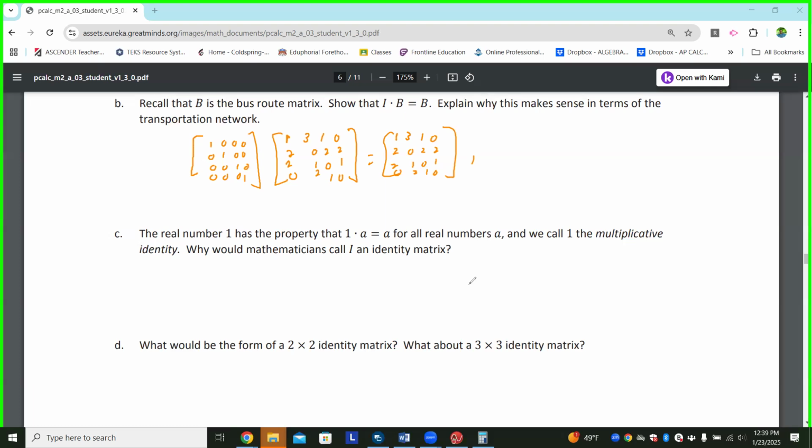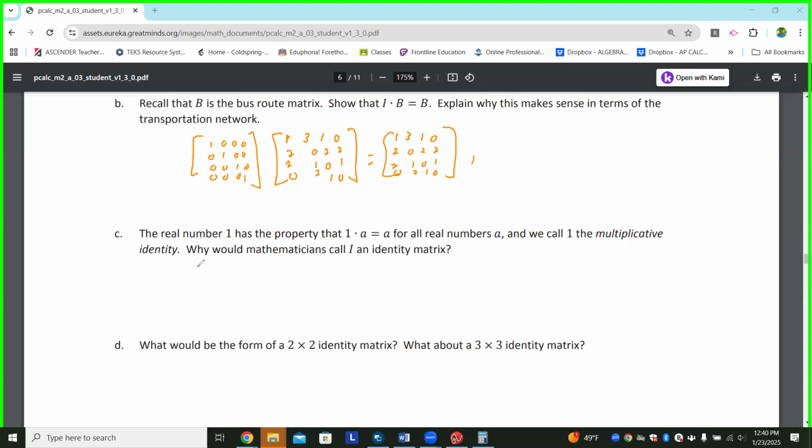But why would we call it an identity matrix and not just 1? Doesn't the scalar 1 do the same thing for us? If I was to take a number and multiply every single element by 1, does it not pop back out as its original number? It will. If I was to multiply everything by 1, it would still just be that value. Versus an identity matrix, we need to find out another one.